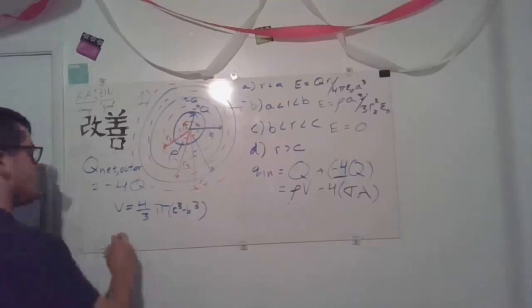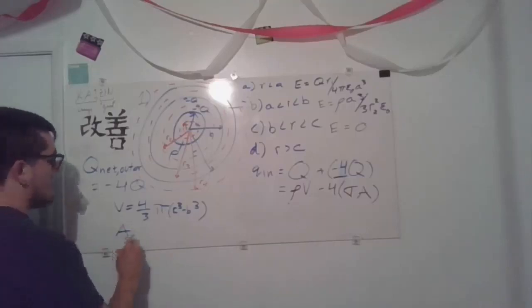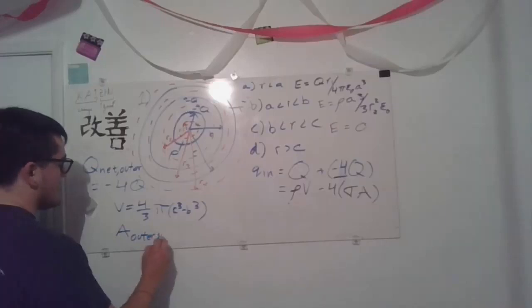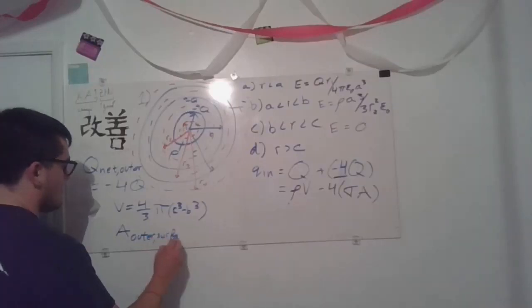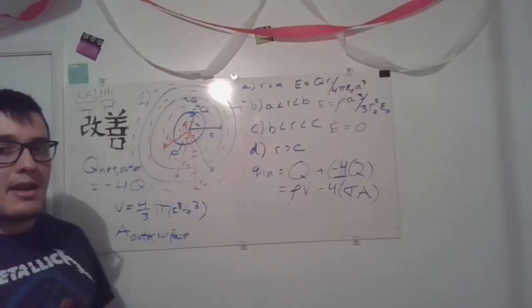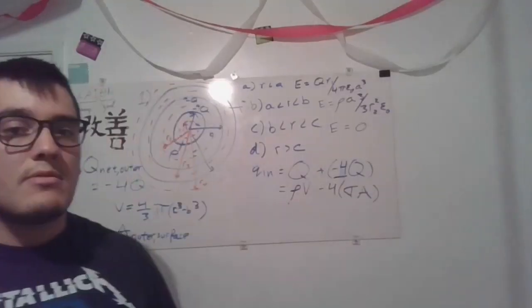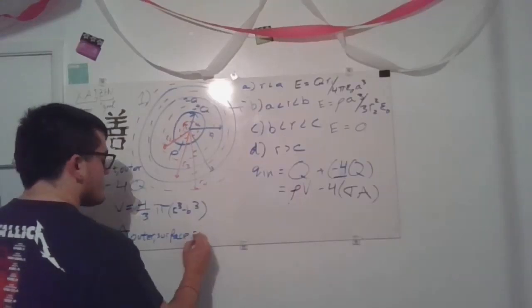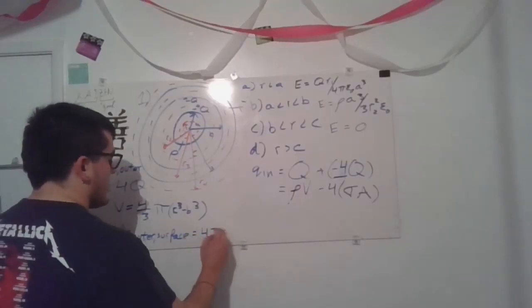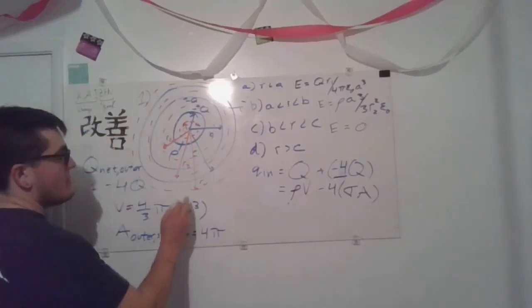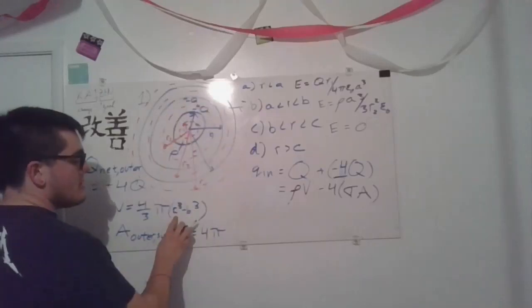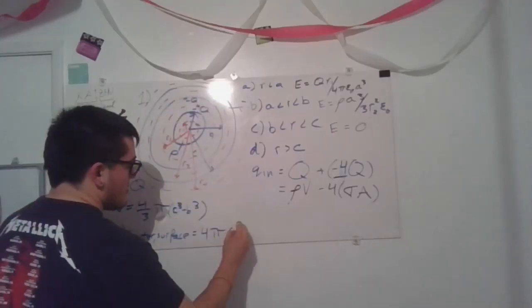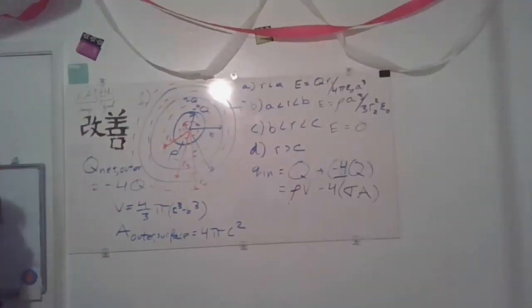But what about the area? The area is just going to be the outer surface. So you will simply define it as the area of the sphere, which isn't too bad, right? 4 pi, and not B, because B is the inner, I'm going to use C squared.